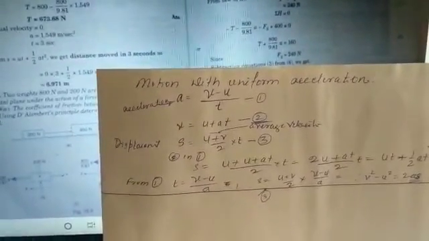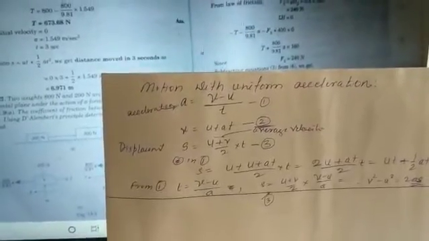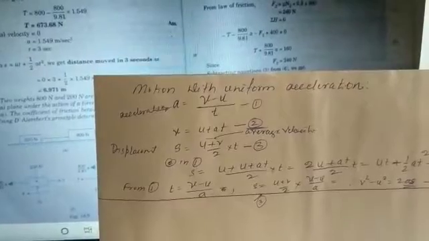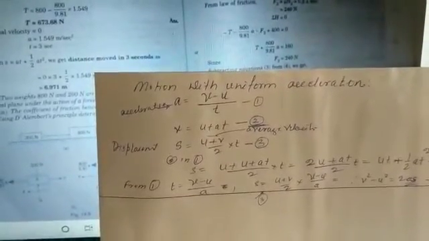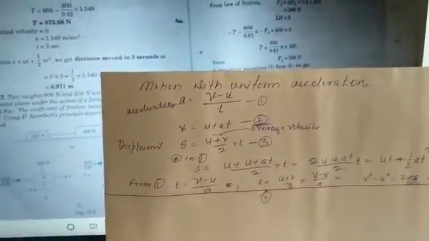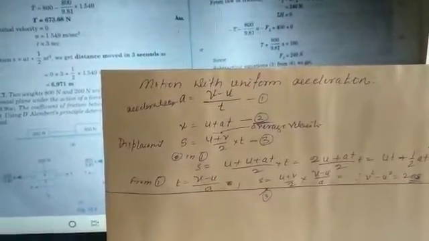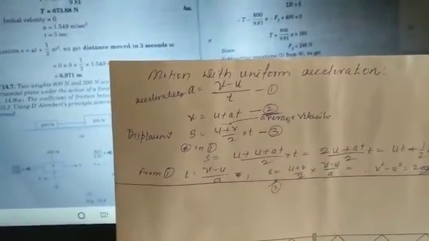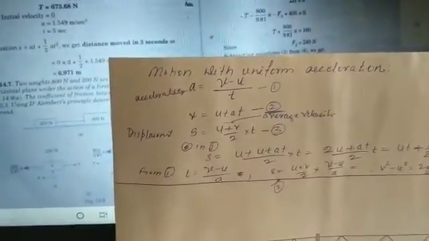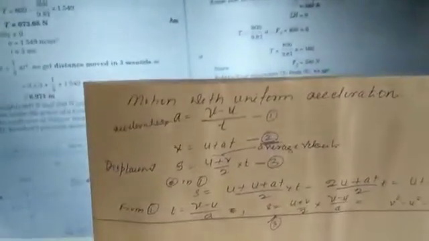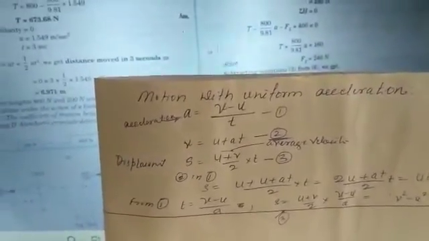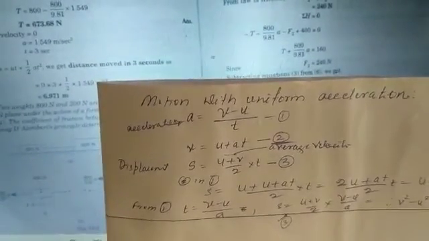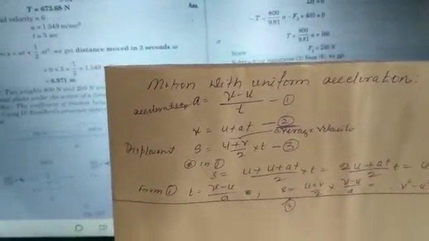During the travel, it has changed its velocity from u to v, so I can take the average velocity, u plus v divided by 2, multiplied by the time taken. That gives the displacement: equation number 3, S is equal to (u plus v) upon 2 into t.